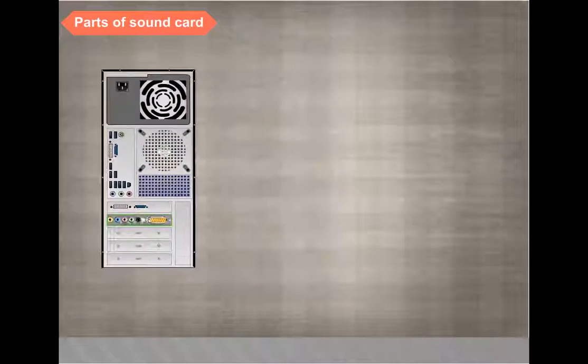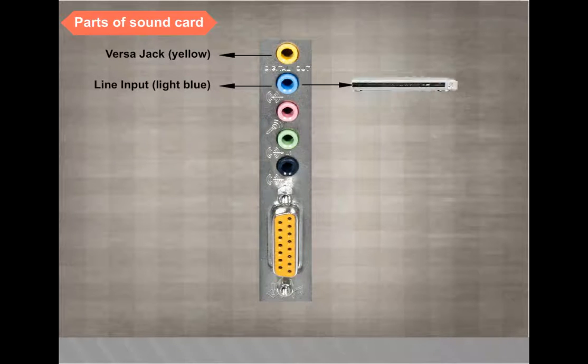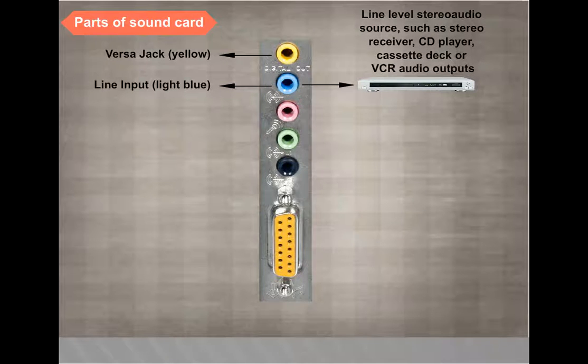Parts of sound card. Versa jack, yellow. Line input, light blue: line level stereo audio source such as stereo receiver, CD player, cassette deck, or VCR audio outputs.